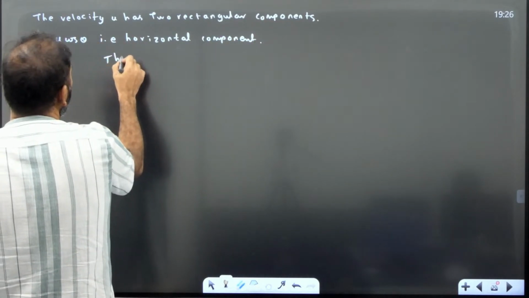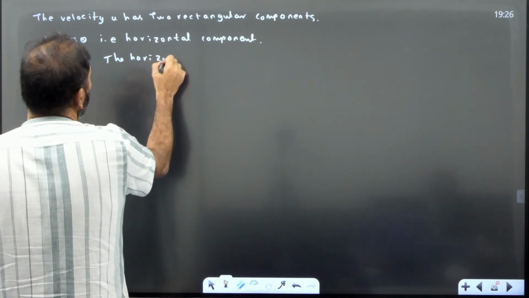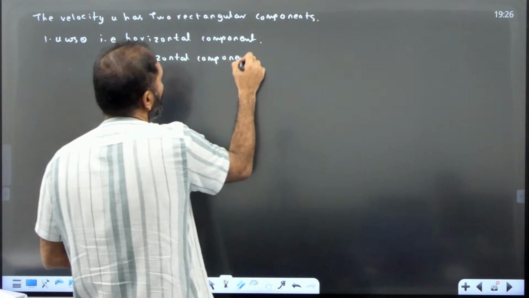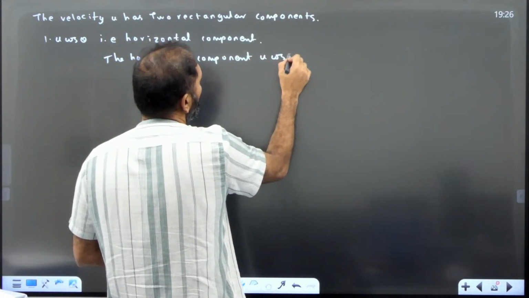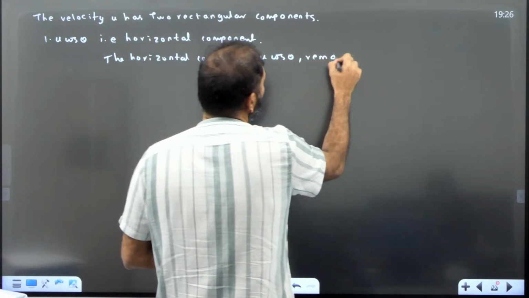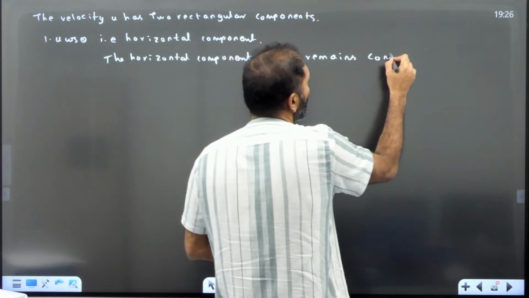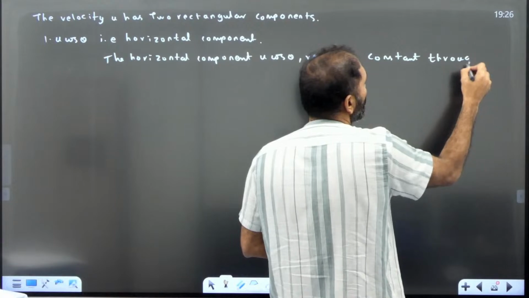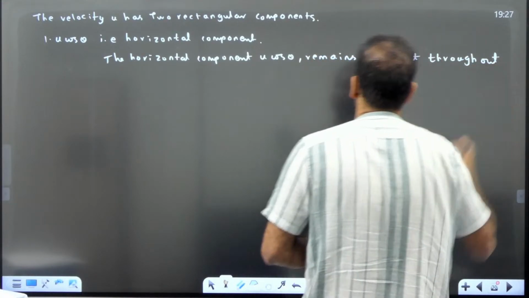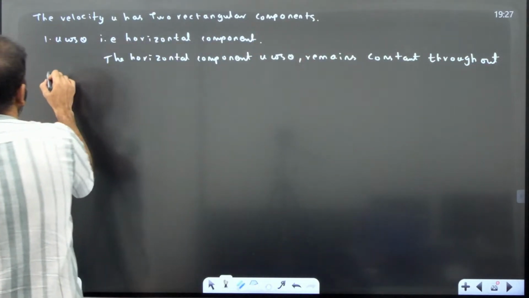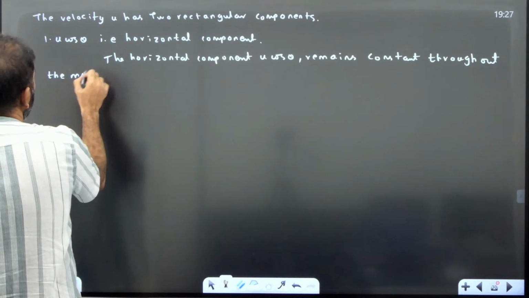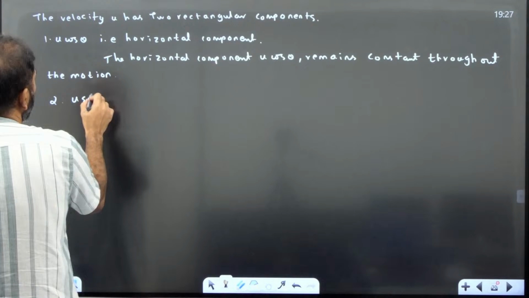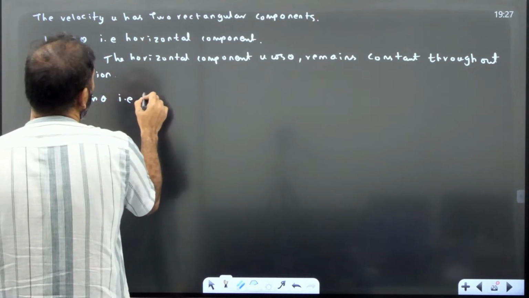The horizontal component u cos theta remains constant throughout the motion. Next, u sin theta, that is the vertical component.